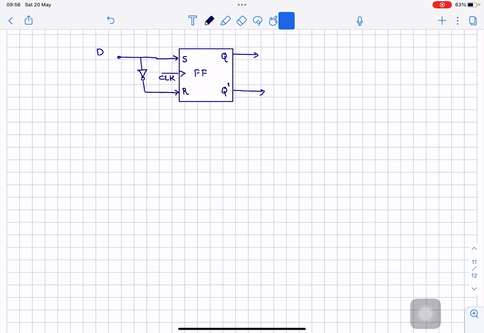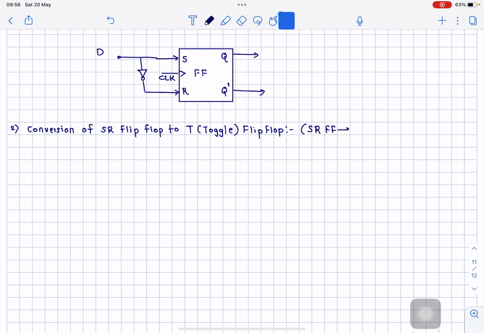So the second conversion of SR flip-flop: we want to convert the SR flip-flop to a T flip-flop, or toggle flip-flop.